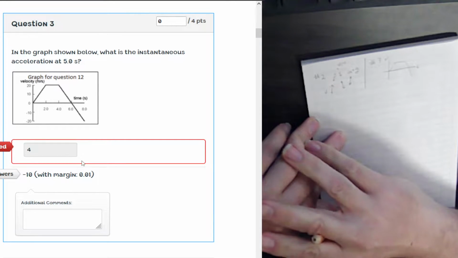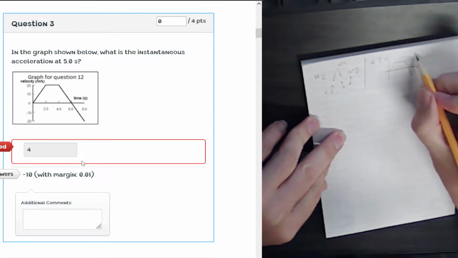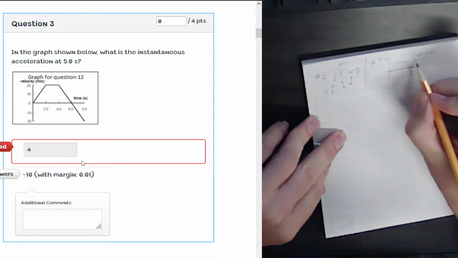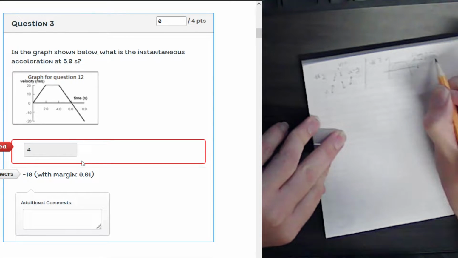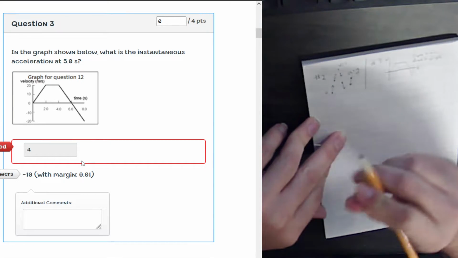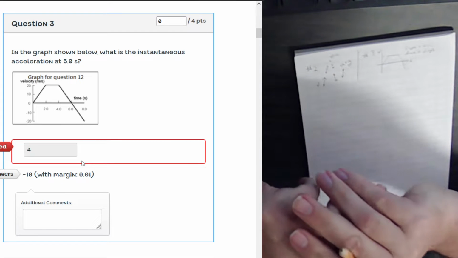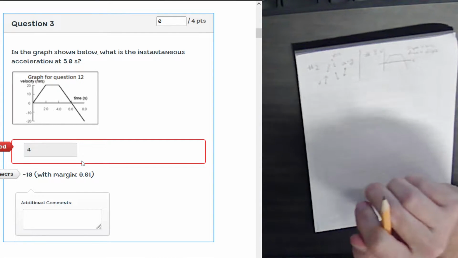So whenever we're looking at a velocity time graph, we know that the slope is acceleration, and the area under the curve is displacement. If you don't know those things, you need to review your notes on why that is. But since this is a velocity time graph, that's what this is.